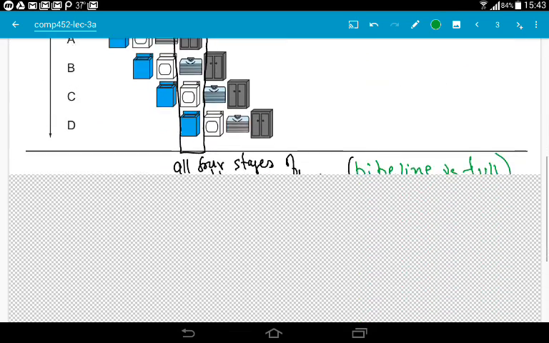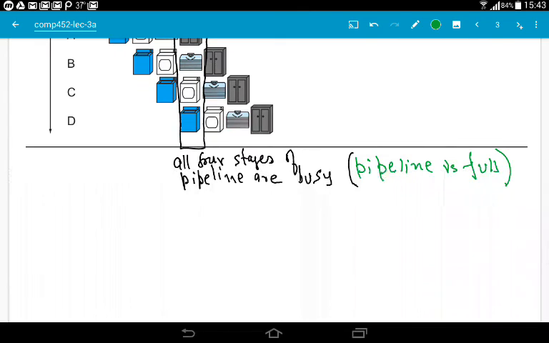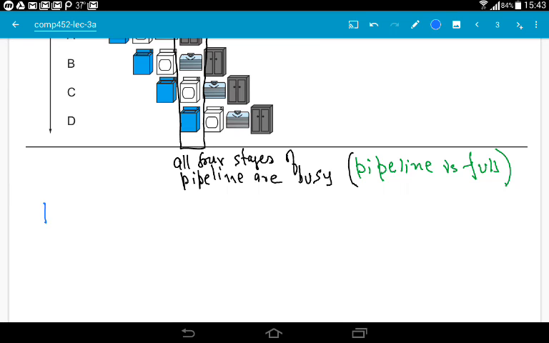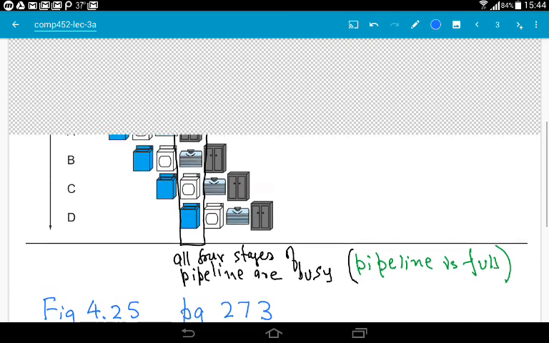So if I'm not wrong, this is figure 4.25 of your textbook, and it is on page 273. Okay.